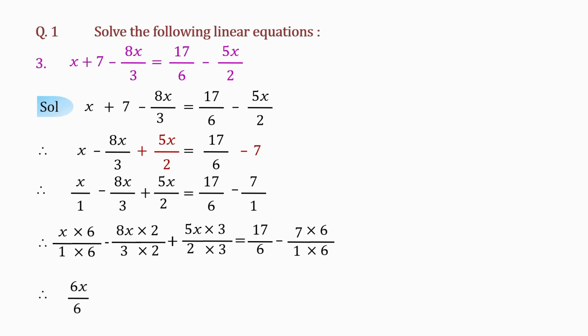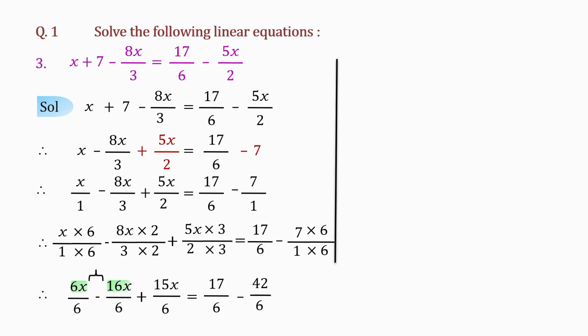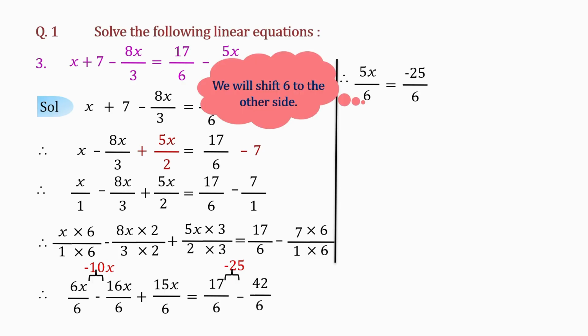So 6x by 6 minus 16x by 6 plus 15x by 6 equal to 17 by 6 minus 42 by 6. So now let us do 6x minus 16x becomes minus 10x plus 15x, which becomes 5x. So 5x by 6 equal to 17 minus 42, which becomes minus 25.